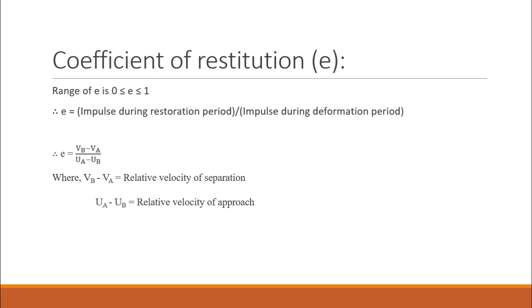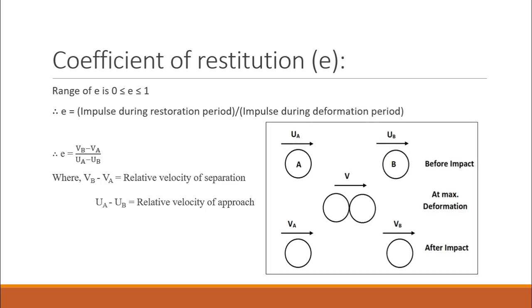Now the next concept is coefficient of restitution. Coefficient of restitution is the ratio of impulse during the restoration period divided by impulse during the deformation period. Now we will see what restitution is.